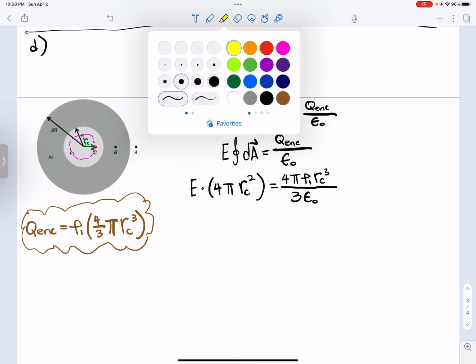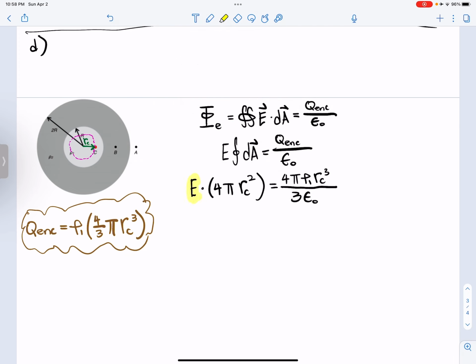And so now we have everything we need to find the electric field at point C. So let's go ahead and do that. I'm going to bring this term to the left side of the equation by dividing it from both sides. So I'll have 4 pi rho 1 RC cubed divided by 3 epsilon naught times 4 pi RC squared. Okay?